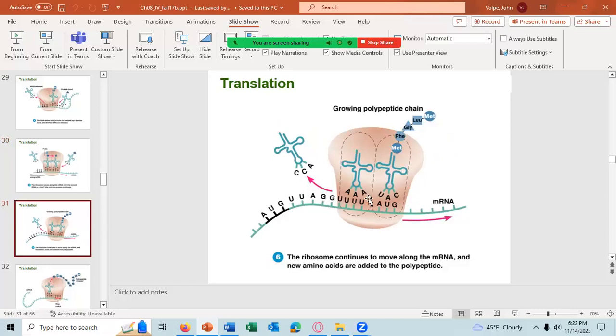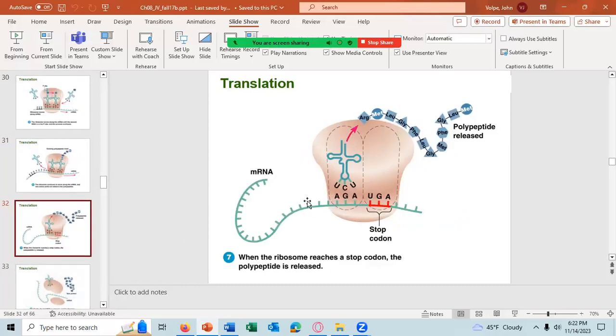And the ribosome will move down the messenger RNA in codons like this to bring in the new amino acid. That will continue until the ribosome moves down to a stop codon. The stop codon tells the ribosome to stop protein translation here.